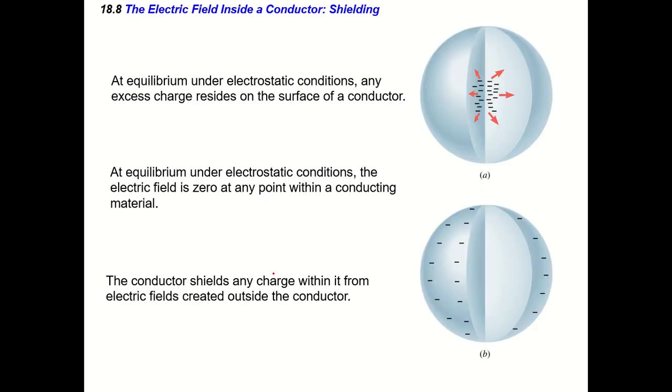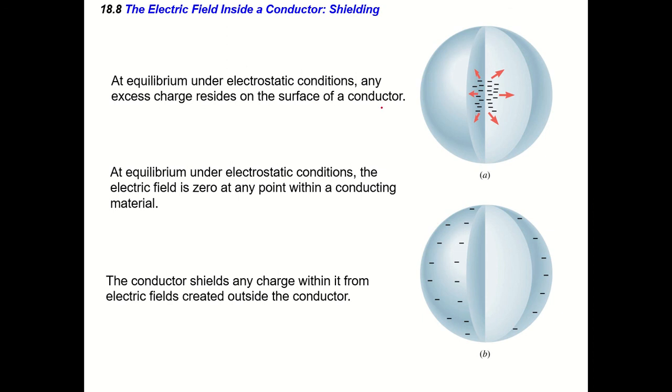So another concept is the electric field inside a conductor, shielding. This is what we call shielding. At equilibrium under electrostatic conditions, any excess charge resides on the surface of a conductor.